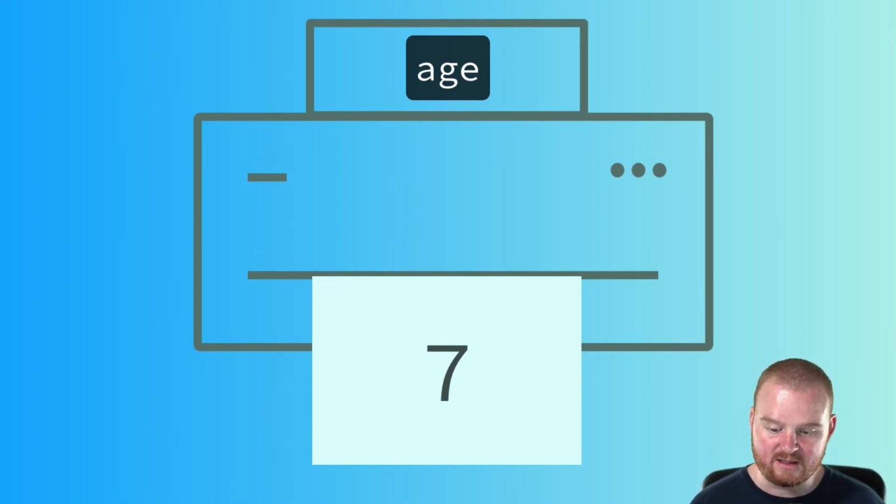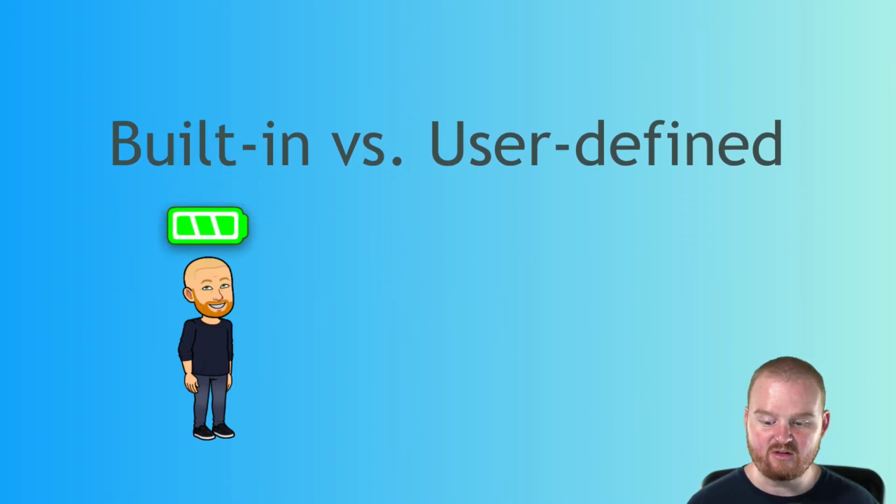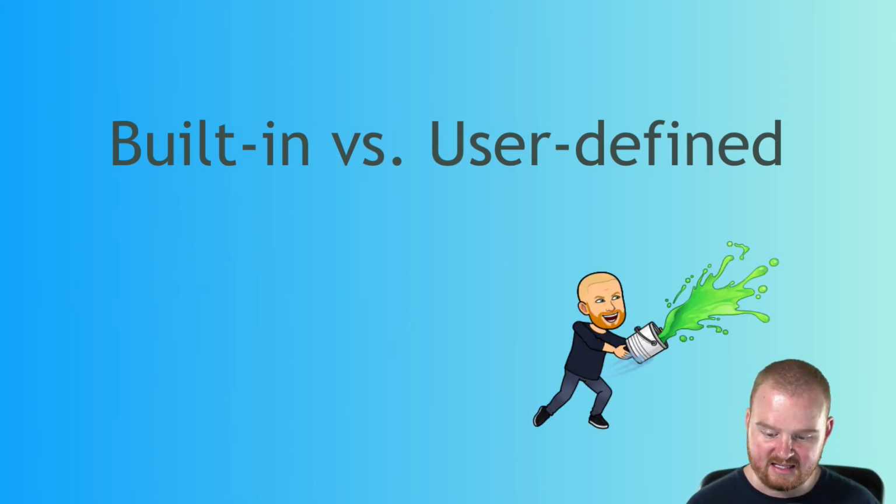in different programming languages. There's really two different kinds of types. There are built-in types, and then there are user-defined types. Built-in types are the types that come with the language. This is the batteries included stuff like numbers and strings and dates and arrays and object types. User-defined data types are defined in terms of built-in data types and other user-defined data types.